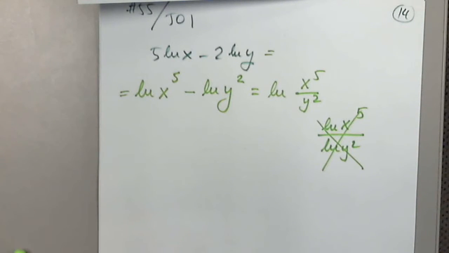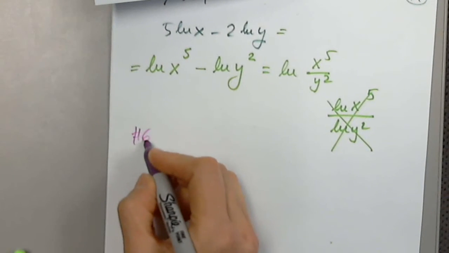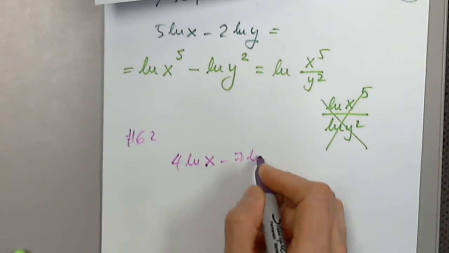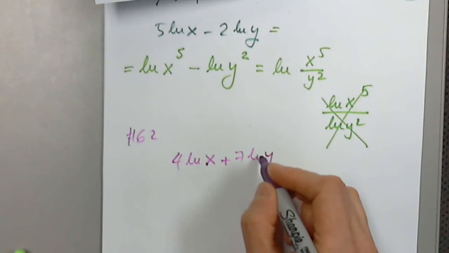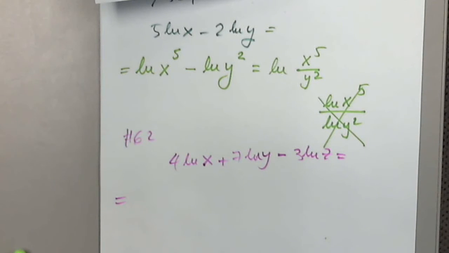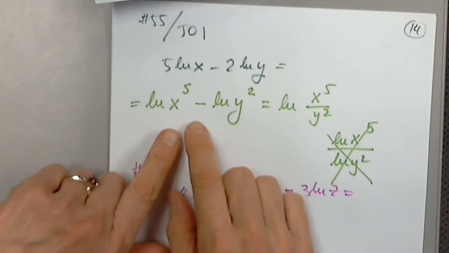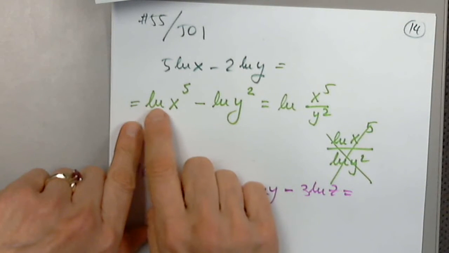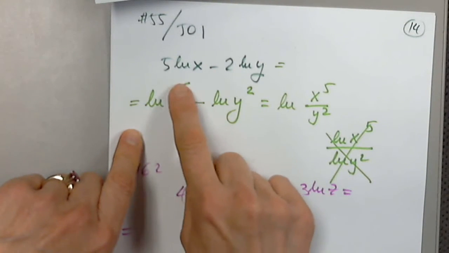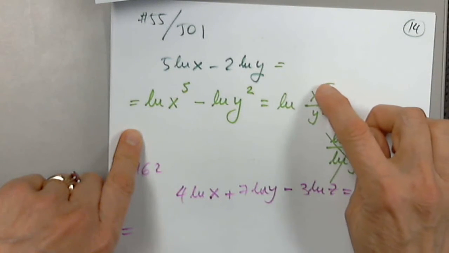Okay, let's look at another condensing. Let's say 62: 4 natural log x plus 7 natural log y, and minus 3 natural log z. I want to point out something here. This example showed that when the log has positive coefficient in front, its expression will go to the numerator.